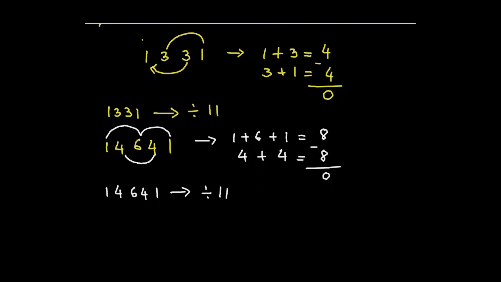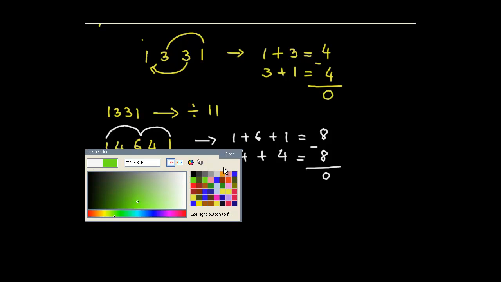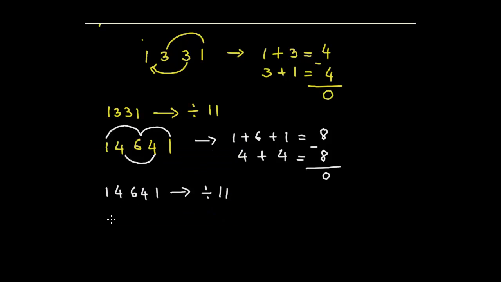Let me take another example, 161051. First we'll add the alternate digits.